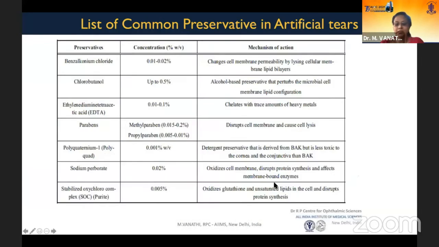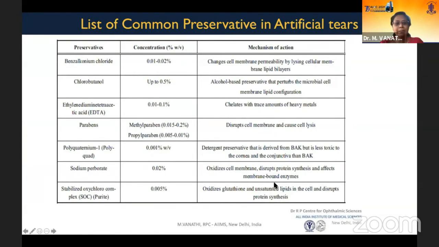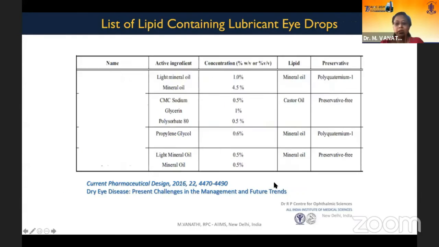Again, this is a particular chart to understand what are the various constituents of the active polymers which comprise the teardrops. And looking at preservatives present here, we have now moved away most of our formulations from the hardcore damaging preservatives, the benzalkonium-based preservatives, to more of the soft preservatives such as the polyquads or the SOCs, which are less damaging, especially when you need to use more frequent lubrication over a long period of time.